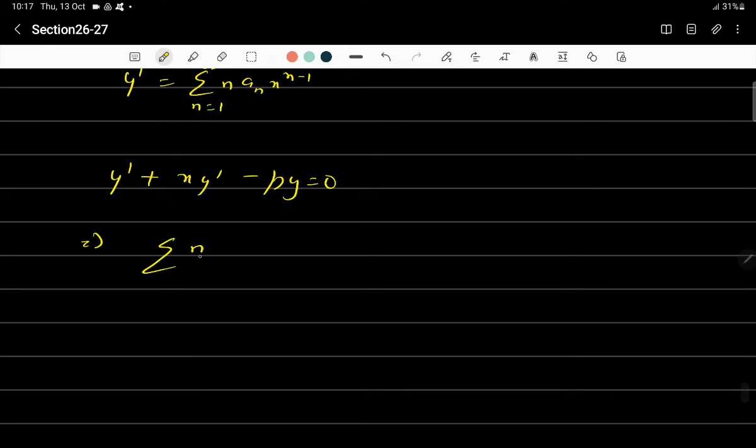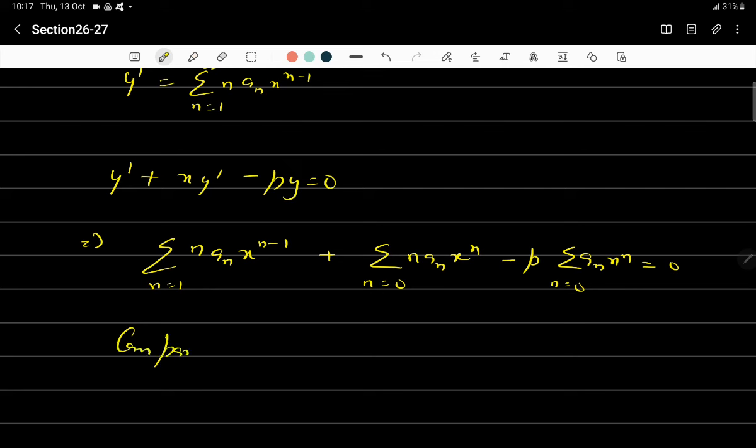If you substitute the values, then it is n a_n x^(n-1), and in the next case you multiply y dash by x, so it becomes n a_n x raised to the power n, and in the last case again a_n x raised to the power n is equal to 0.